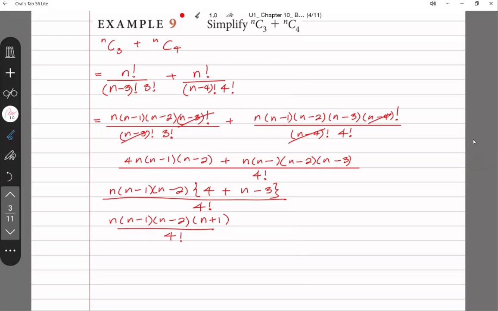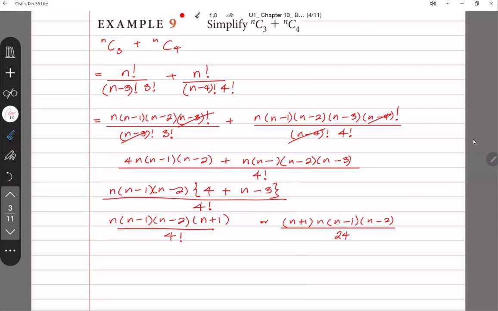So I guess this could be the answer. Or if you want, put it in order: (n plus 1) times (n minus 1), (n minus 2) over 4 factorial. What's 4 factorial again? 24 over 24.